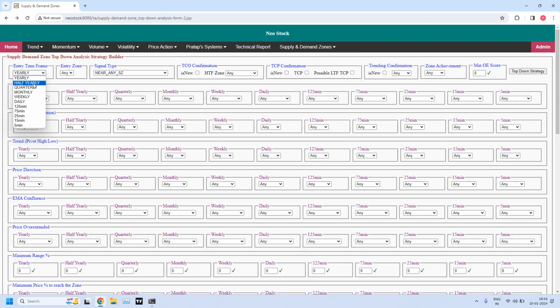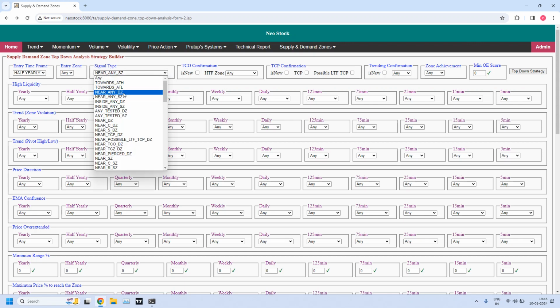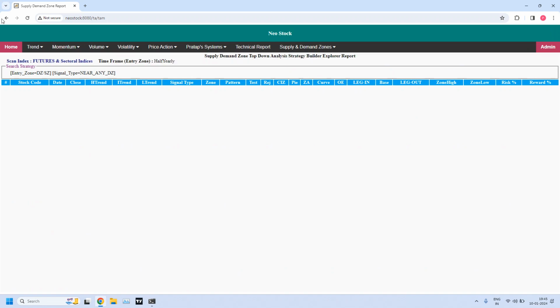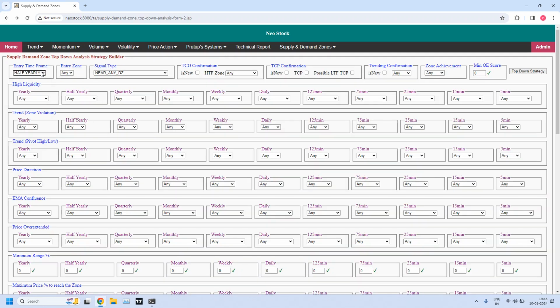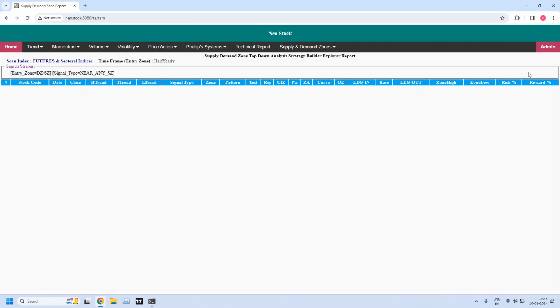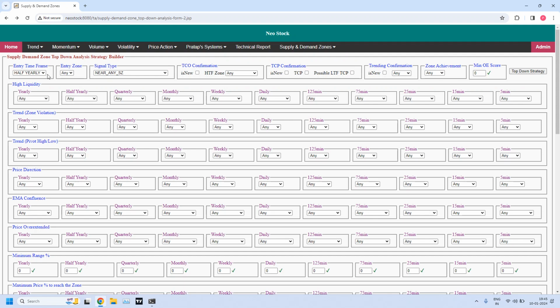Let us change the time frame to half yearly. Stocks near half yearly demand zone: no stocks. And in the half yearly time frame, let us find the stocks near half yearly supply zone. Yesterday we had one stock near a supply zone, now that is also gone. So let's go back.